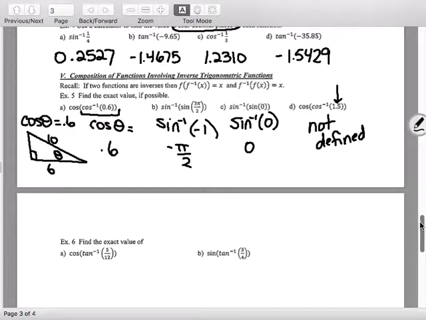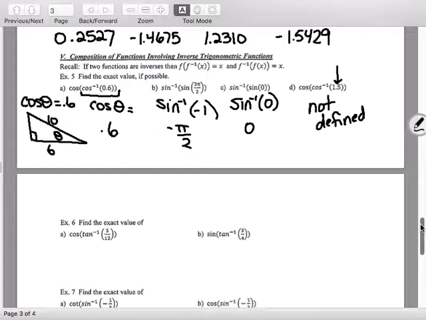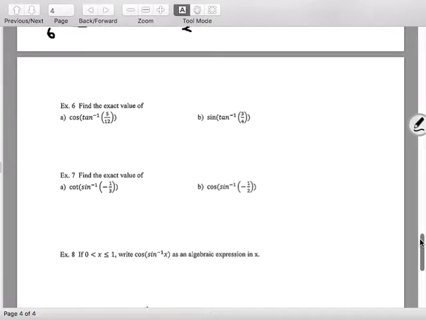All right, when you're ready, flip the page, and you might need to think about that one a little bit further. The inside of sine and cosine have to be between -1 and 1. Then the outputs for inverse sine are -π/2 to π/2, and the outputs of inverse cosine are 0 to pi.